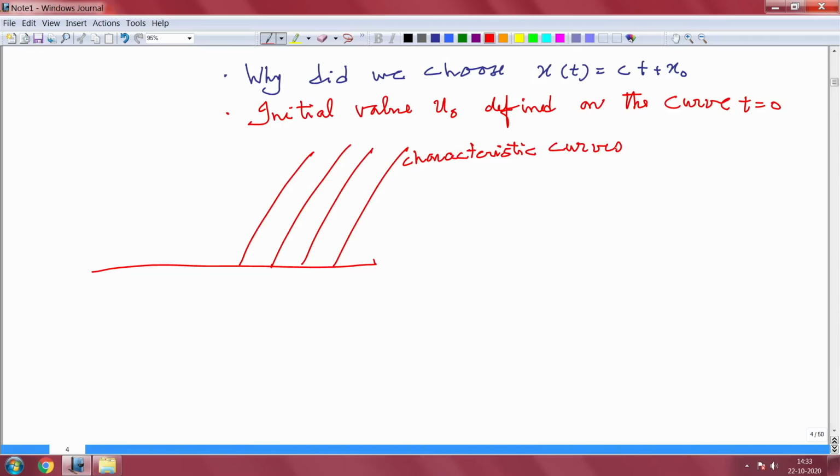Okay. And then in the previous problem I have defined initial values along this, but that is not necessary. If you look at it, I can define another initial curve like that. Then again, this also can be an initial curve. This also can be an initial curve.